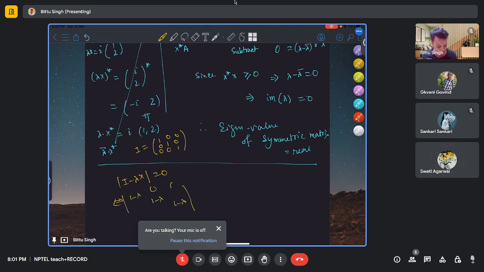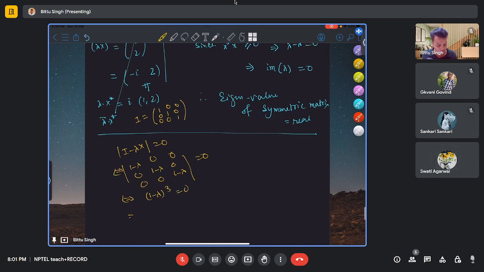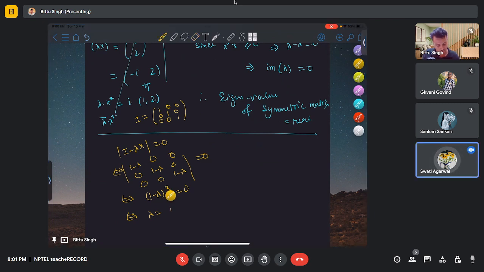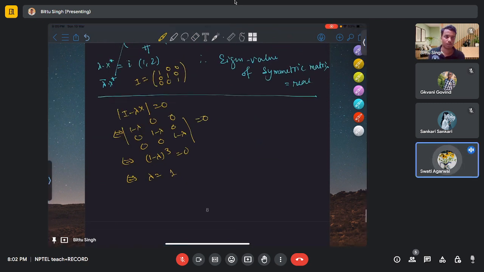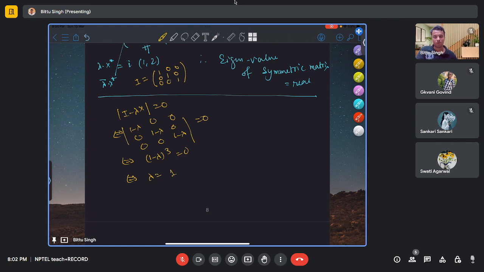This determinant is 0, that is, 1 minus lambda whole cube is 0, and this will automatically imply all eigenvalues are 1. A diagonal matrix is symmetric because if you take the transpose, it remains the same. So it is not necessary that three distinct eigenvalues are there. They may not be distinct.